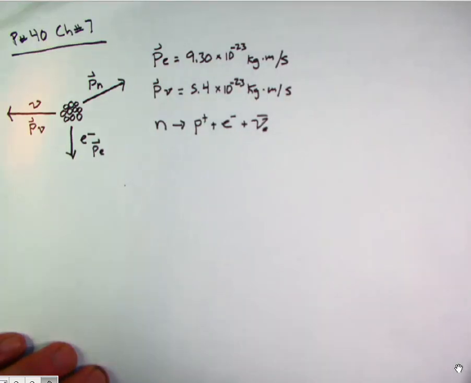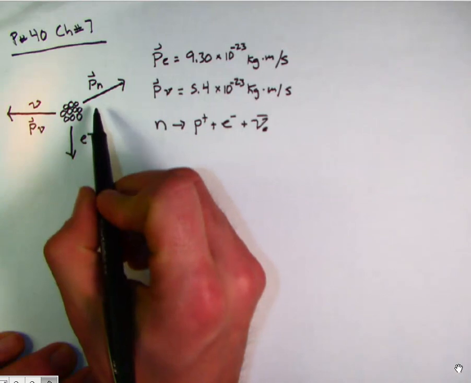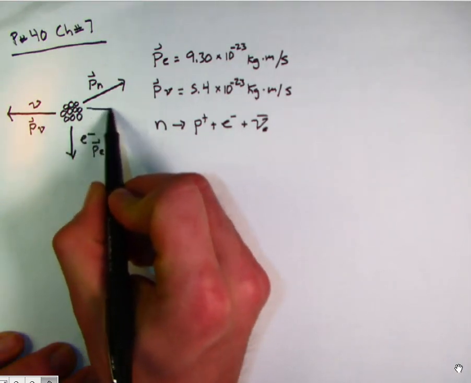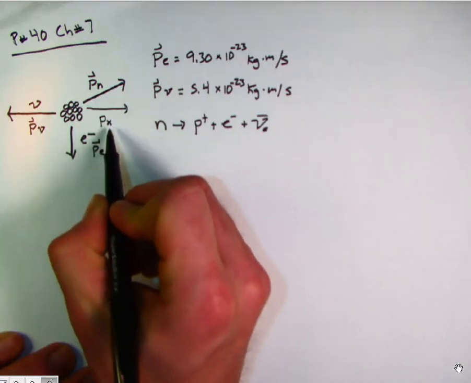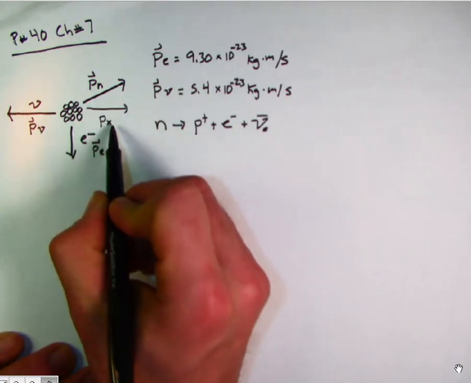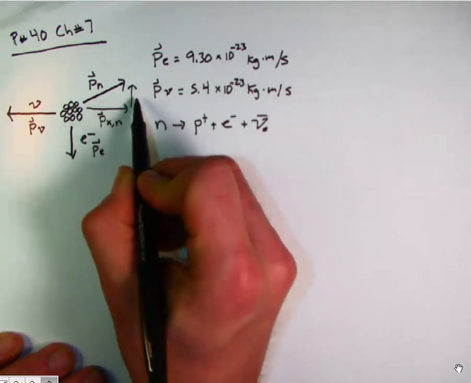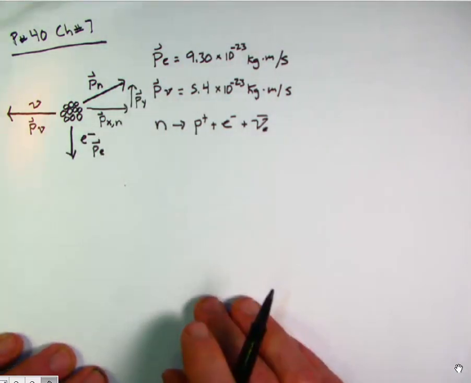All right, let's take a look at this. So this would be the momentum of the recoiling nucleus. Wouldn't this then be the x component of the recoiling nucleus? And wouldn't this be the y component of the recoiling nucleus?